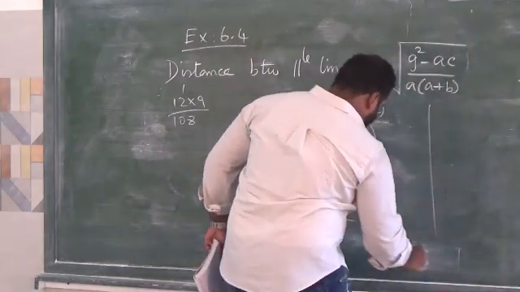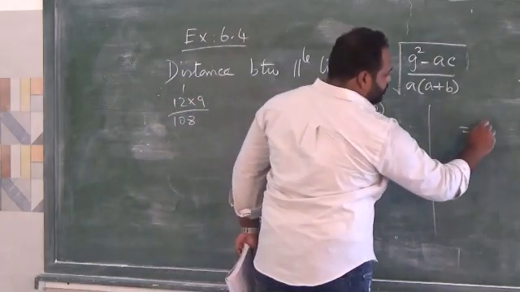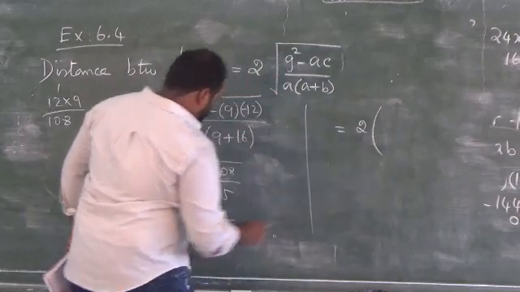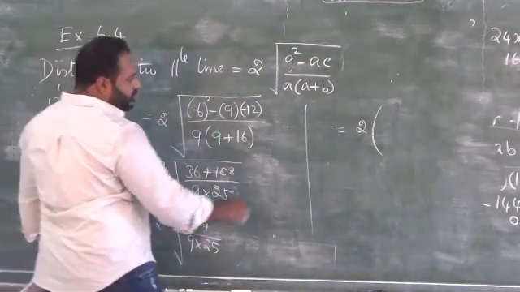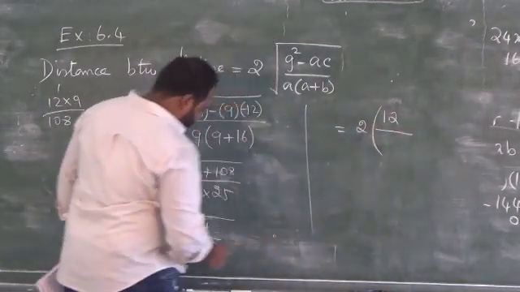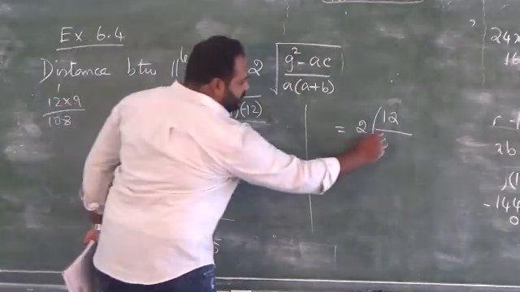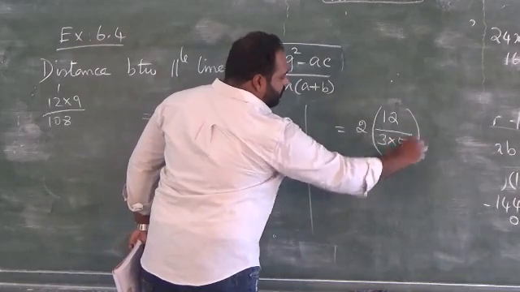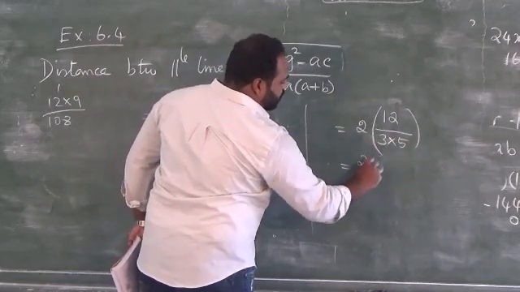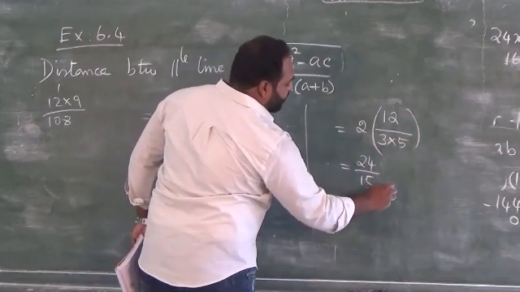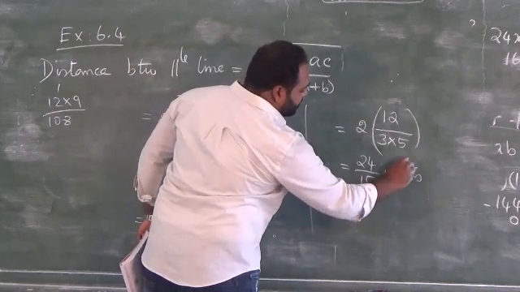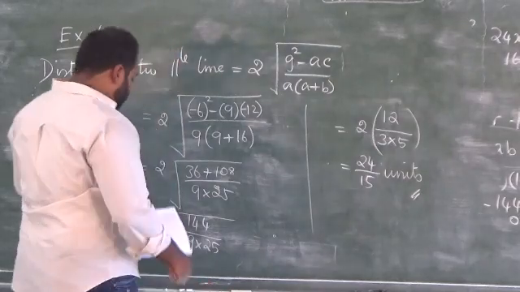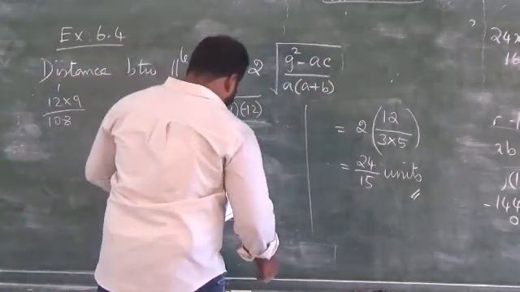So 2 into, the square root of 144 is 12, the square root of 9 is 3, the square root of 25 is 5. So it is 24 by 15 units. This is the distance between this pair of parallel lines. So question number 14 is over.